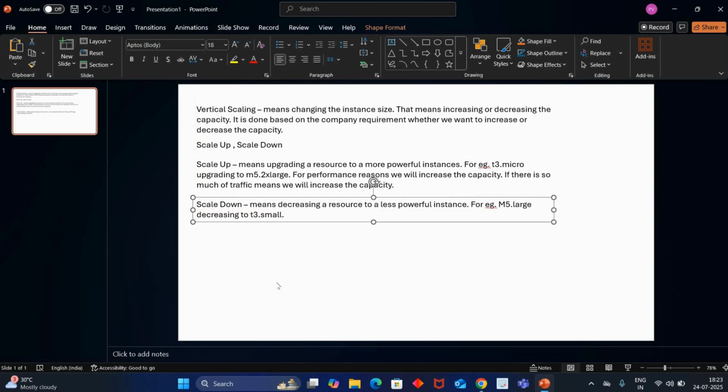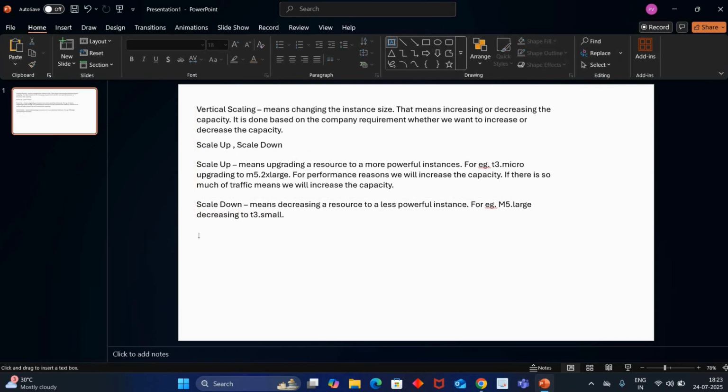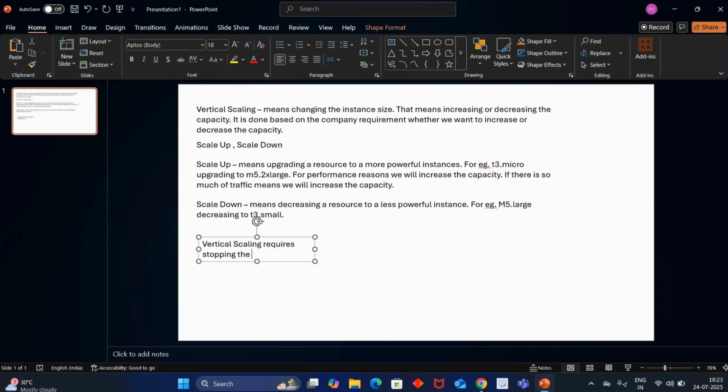We can't just do it as it is, right? So when we need to do this vertical scaling, before doing it we need to stop the instance. Already we have launched one instance, and we used one instance capacity.